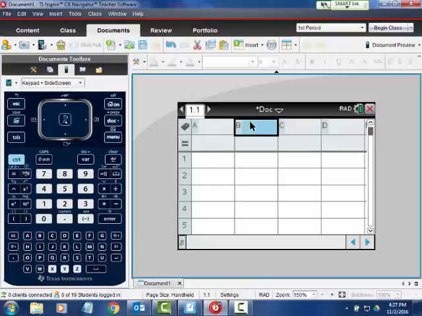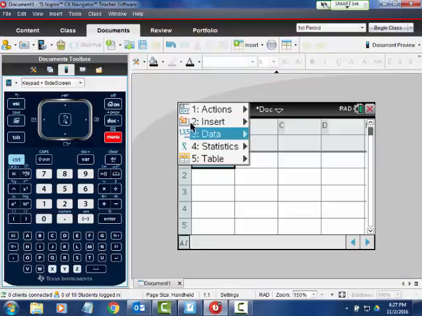You have to put X and Y or N and Z or whatever letters you're using for that particular problem, and then you put your numbers in for each column, okay, and then you can use your menu, which allows you to take certain actions or analyze things as you need to.